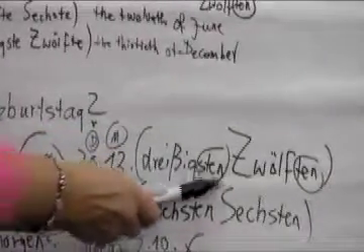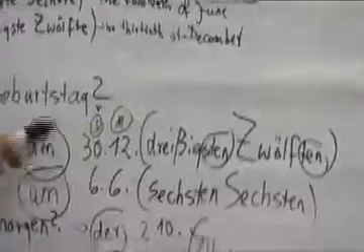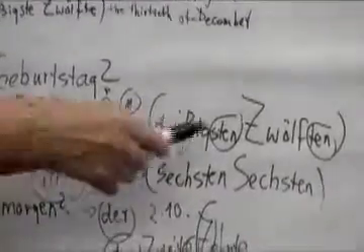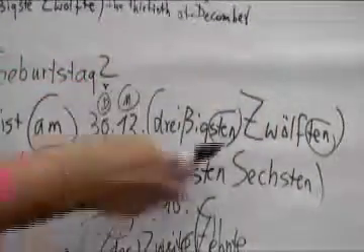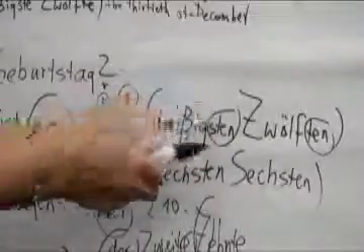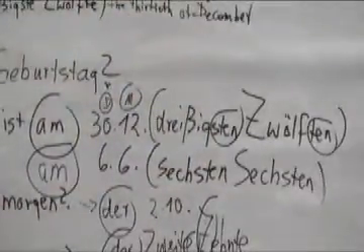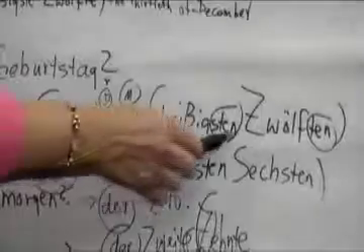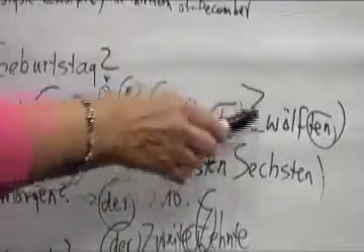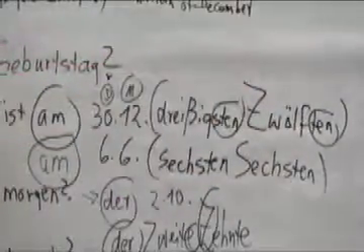Am 30. 12. Am requires an ending on the numbers because it's an adjective. So whenever you see am you must add an sten or ten to the number.